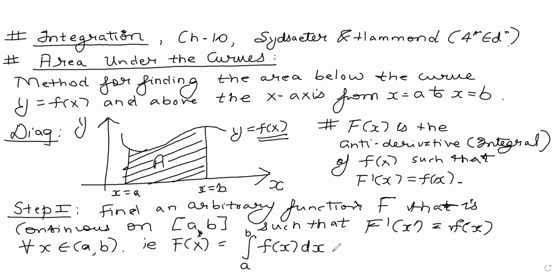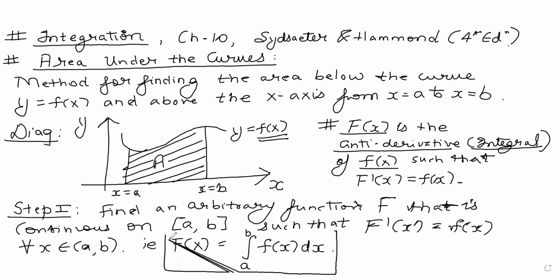Since we have said that capital F of x is the integral of small f of x, and integral also means antiderivative, capital F of x is equal to the integral from a to b of small f of x dx. Now we know how to find the area.